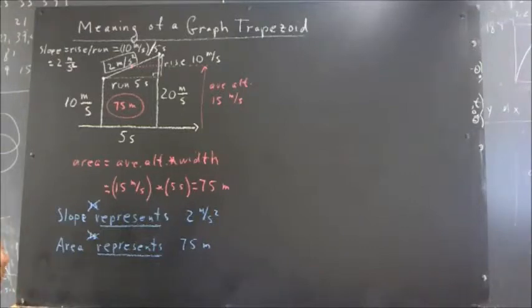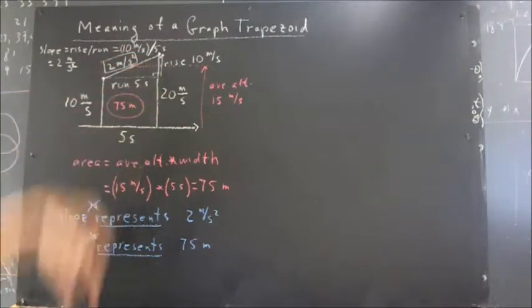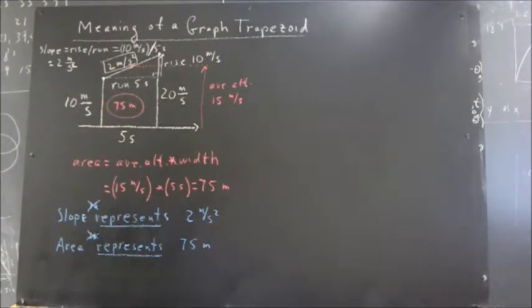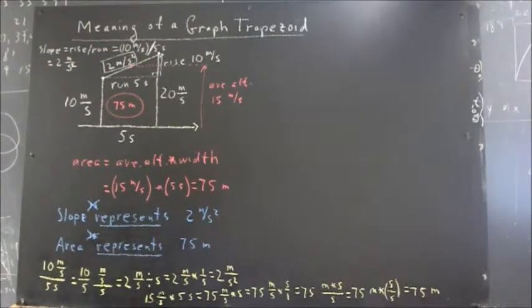Just quickly now, I'm going to indicate the calculation of the units. You can stop here if you understand how we got the meters per second squared and the meters. Okay, the details of the unit calculations. In the first place, 10 meters per second divided by 5 seconds. The 10 is divided by the 5. Meters per second is divided by seconds.